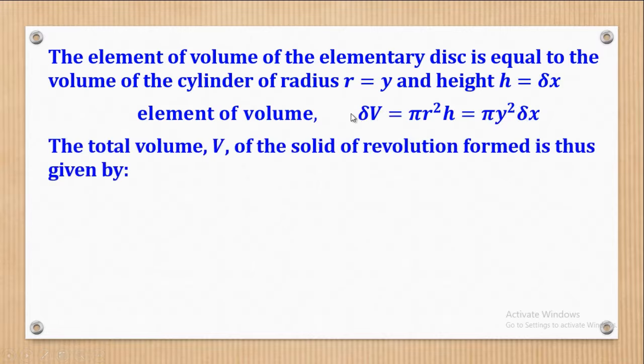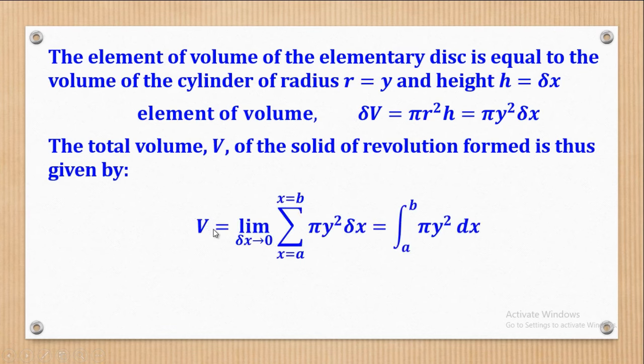And with this volume, you can get the total volume of the given solid generated. The volume V will be equal to the summation of the volumes of all those small elementary disks formed from x equal to a to x equal to b.